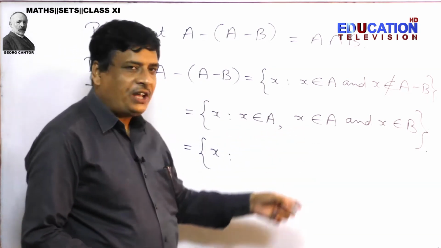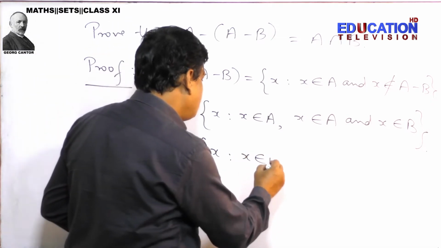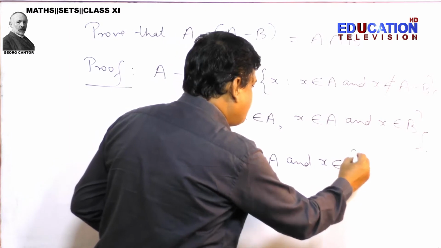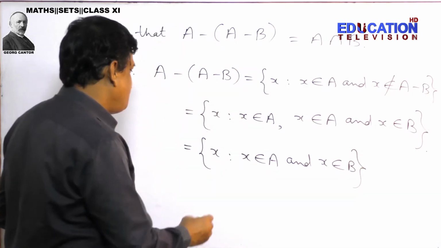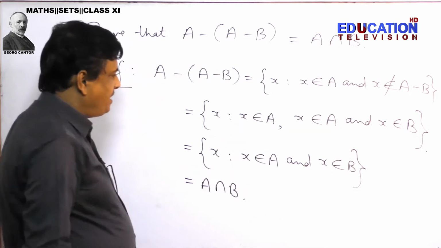Instead of writing two times x belongs to A, we can write x belongs to A and x belongs to B. So it is the intersection of these two sets, A intersection B.